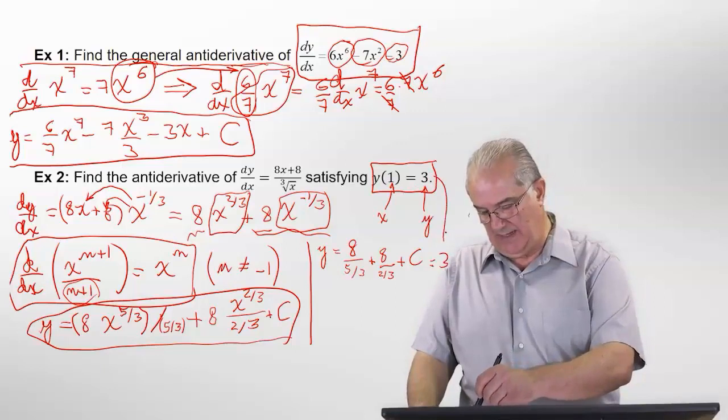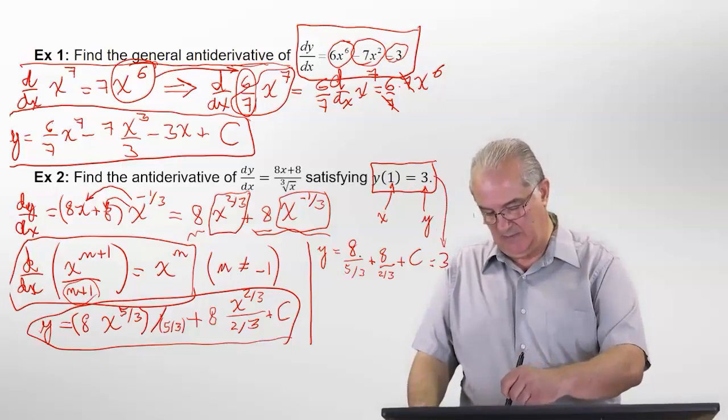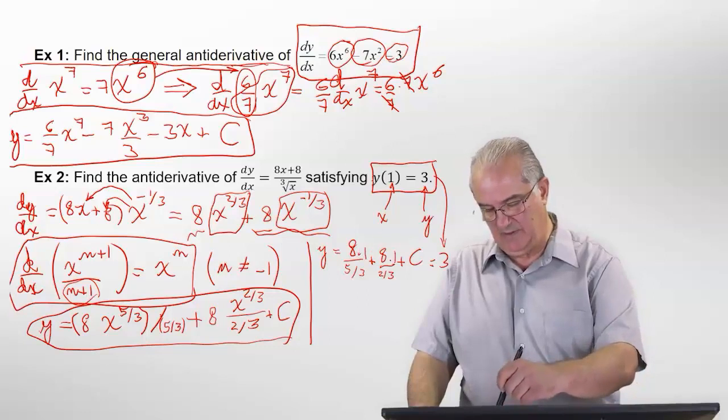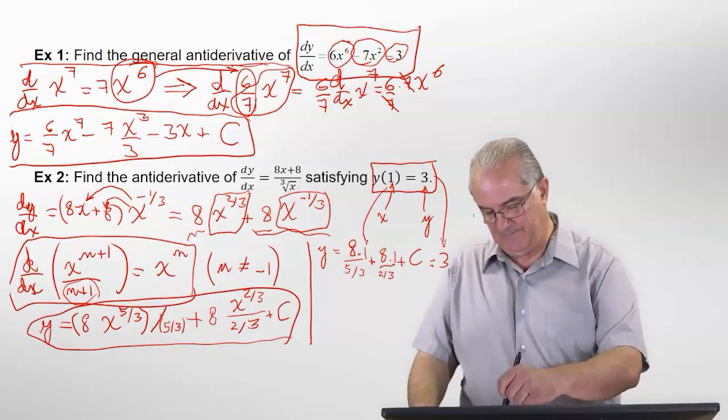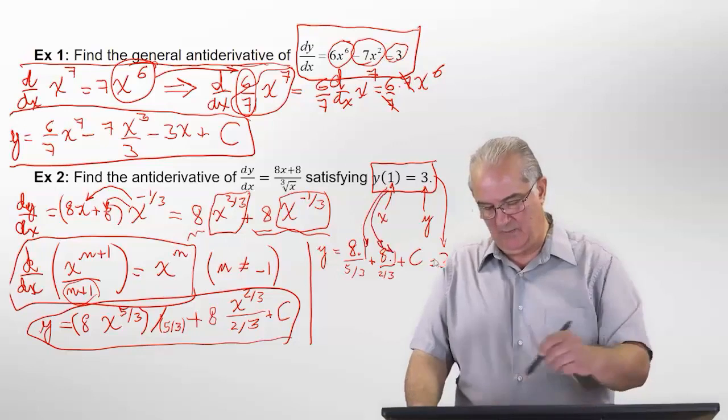We said that when x is 1, and the 1, remember, is multiplying the 8 in both terms, then we obtain y equal 3.